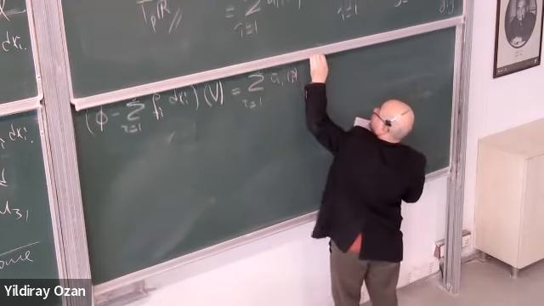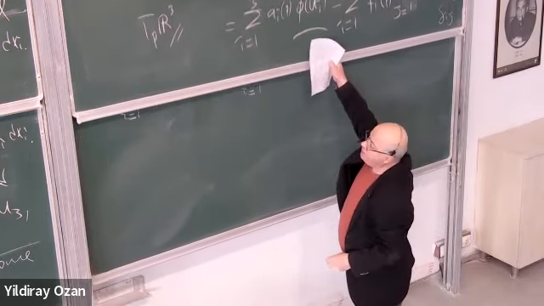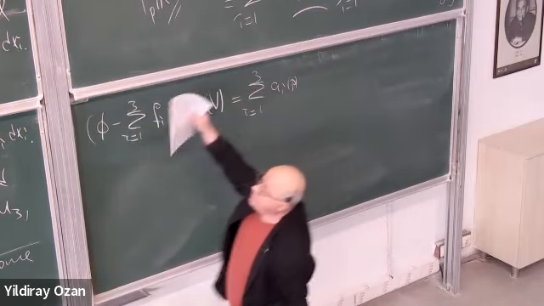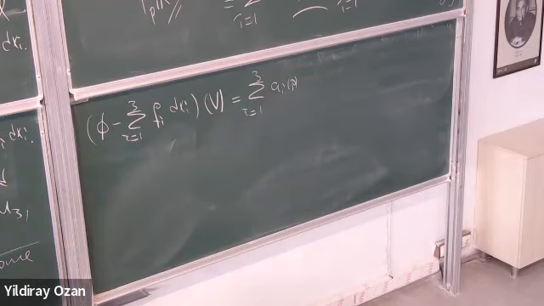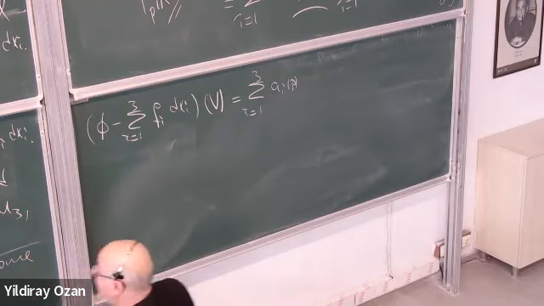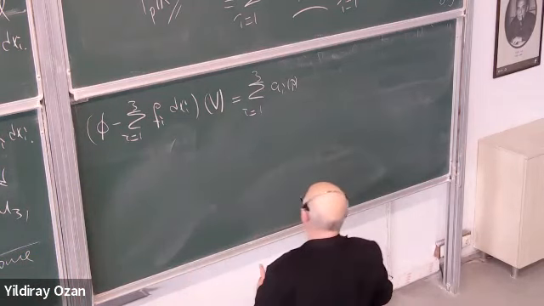And what is this gadget? This gadget is just by definition, right? We defined it here. We said, where was it? Fi is nothing but phi of ui.